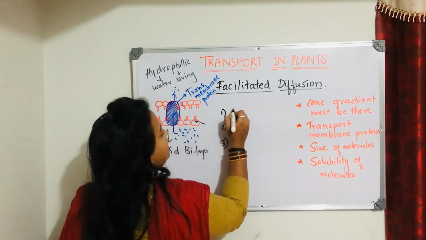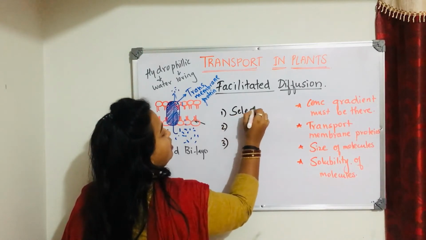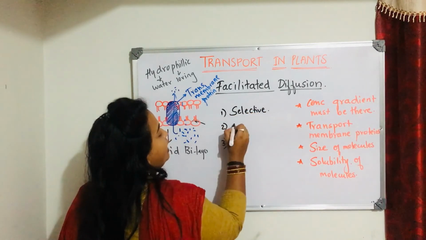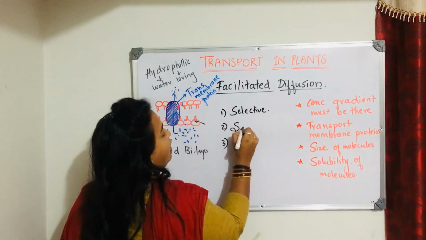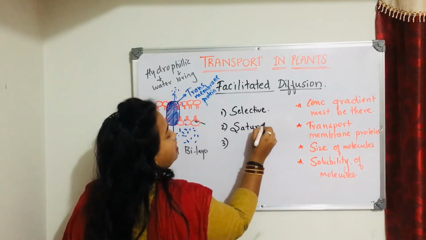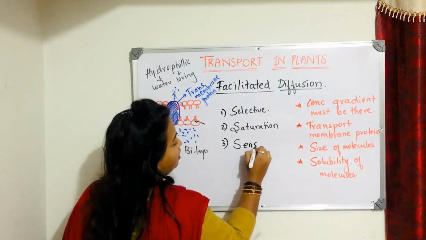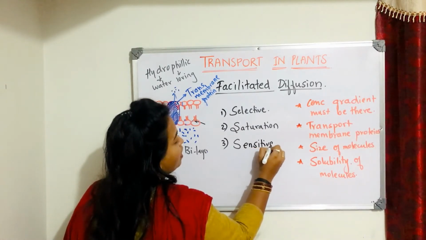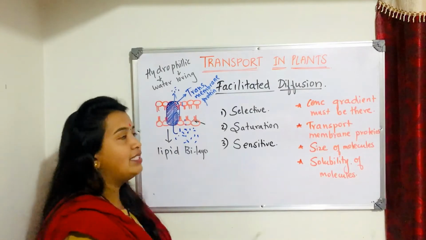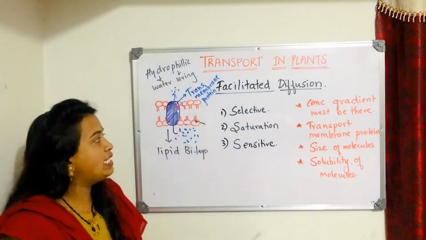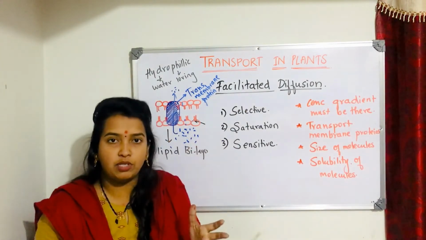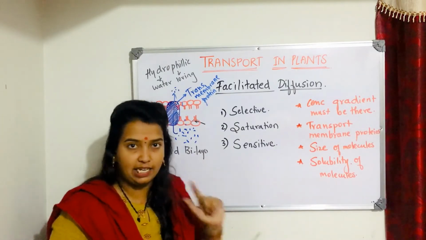First thing is, they are selective. Second thing is they can achieve saturation. Third is sensitive. Selective, saturation, sensitive.